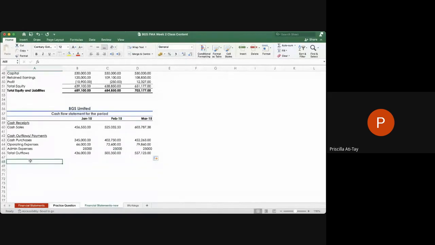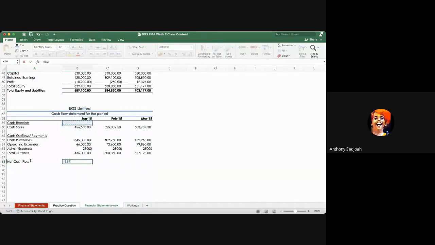So we have the net cash flow. That should be cash receipts minus total cash outflows. Okay. Then we have opening balance, right? Opening balance, closing balance. First, give me the opening balance.